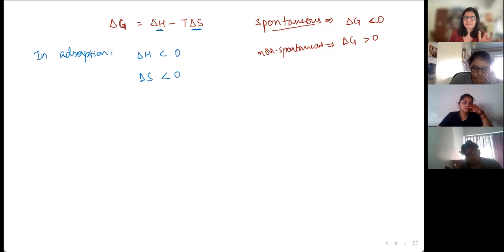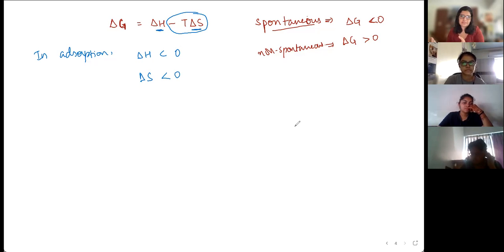Like the delta H should be high enough that it overcomes the positive value of this minus T delta S. Only when that happens can adsorption take place. Otherwise, in the universe, naturally speaking, it won't happen. You need to put in some effort to make this less than 0.